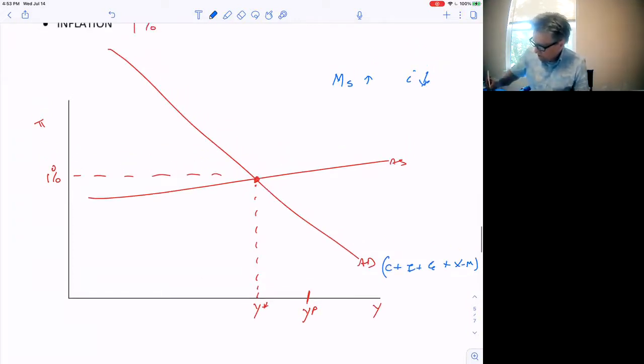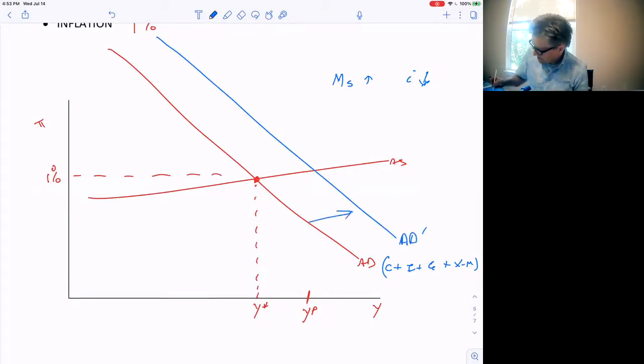And the result will be aggregate demand will shift to the right because of this increase in the money supply. And we'll have a new short-run equilibrium, which we'll probably get to fairly quickly, that will now be closer to full employment, potential output.